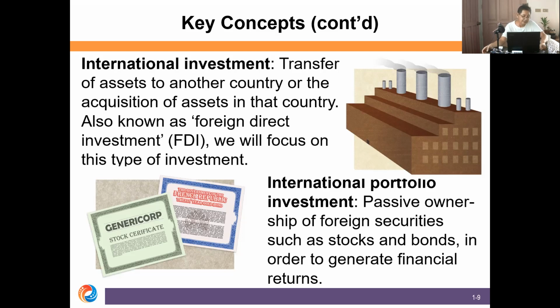So this means mga foreign stocks at mga bonds ito coming from the outside. Okay? And mayroong ownership ng mga stocks and bonds na foreign, and that is called international investment also. Kaya lang, para maging mas accurate, we call it international portfolio investment. Is that clear?